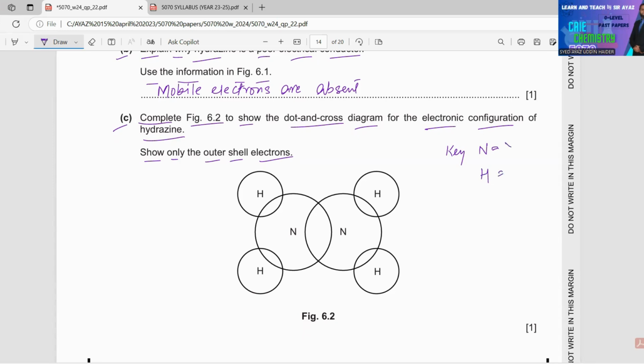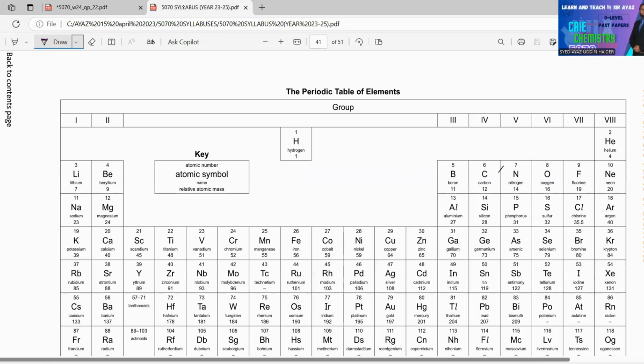For nitrogen, I'm using cross. For hydrogen, I'm using dot. Nitrogen is group 5, which means it contains 5 valence electrons, while hydrogen has 1 valence electron.